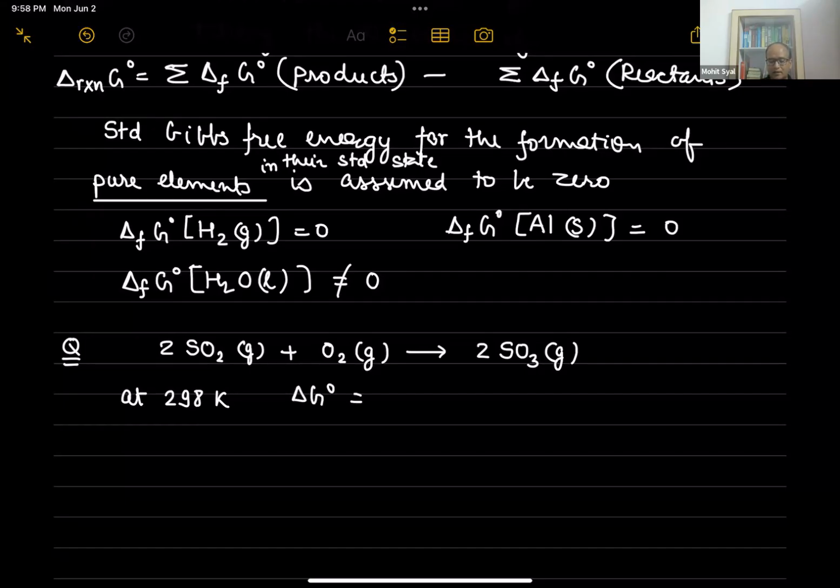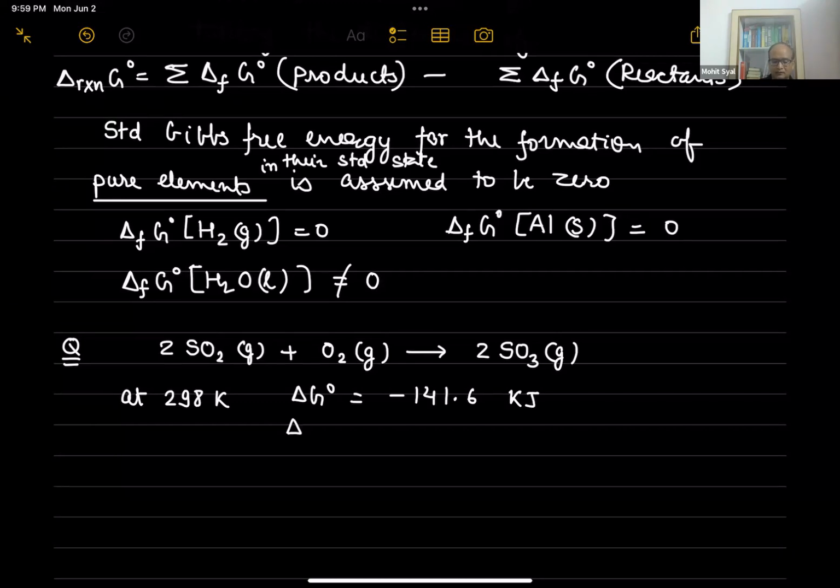Standard Gibbs free energy change is already given. You don't need to take the difference of the Gibbs free energy of formation of product minus reactant. It is directly given, so no need to calculate.